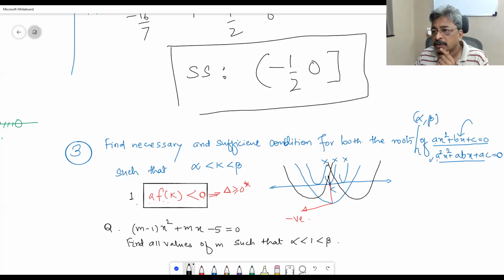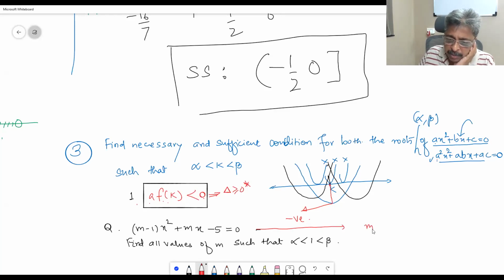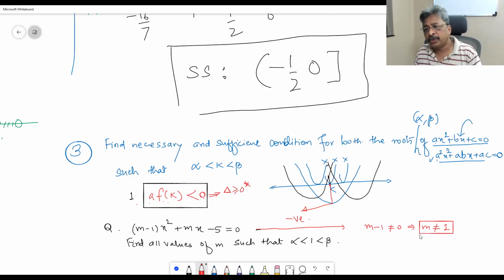Let us solve. A of f of k should be less than 0. So m minus 1. First thing that you should note here is that it is a quadratic equation and m minus 1 should not be equal to 0. Implies m is not equal to 1. This is a very important thing that you need to write.